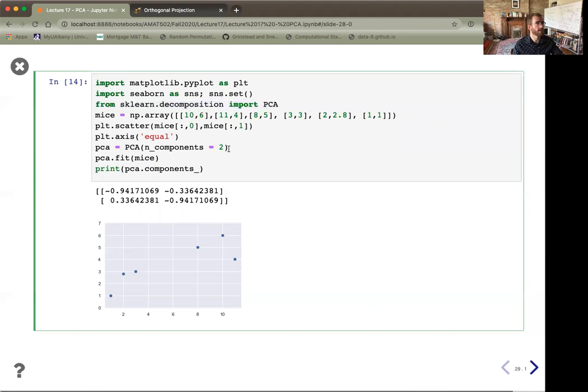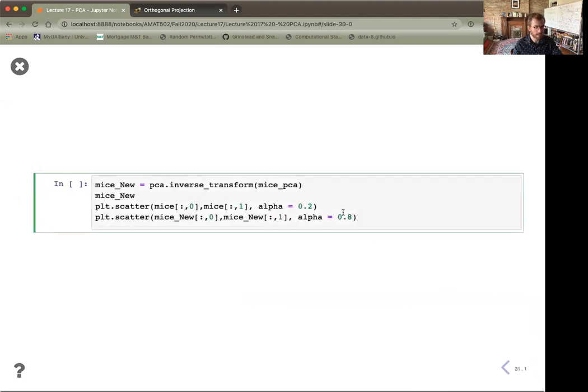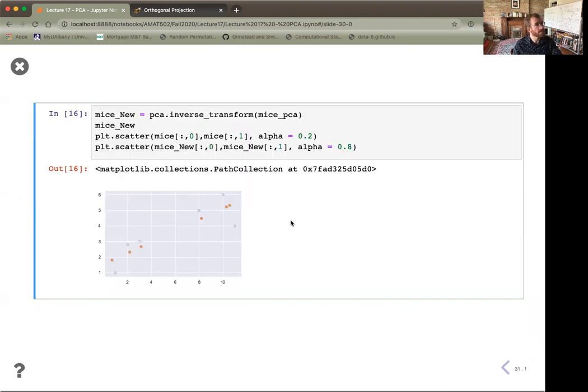I could pick the number of components to be 2. In this case, it's not going to do anything because I'm using the same dimension the data was already given in. But let's see what happens when I use just one component. Let's see what this looks like. I'm going to let that be my transform data, and let's look at this.